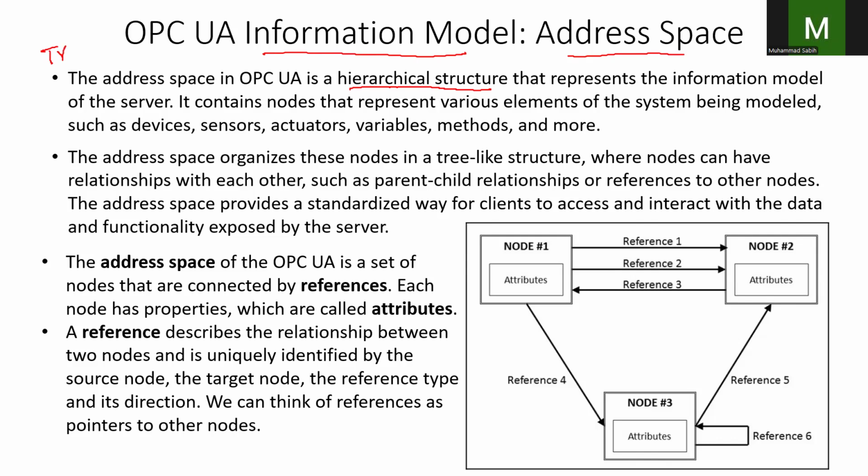Okay, so the structure is more like a tree, and each element of the system, such as the devices, the sensors, the actuators, and the methods also, are actually represented as a node. So everything is basically represented as a node, and these nodes are interconnected using references.